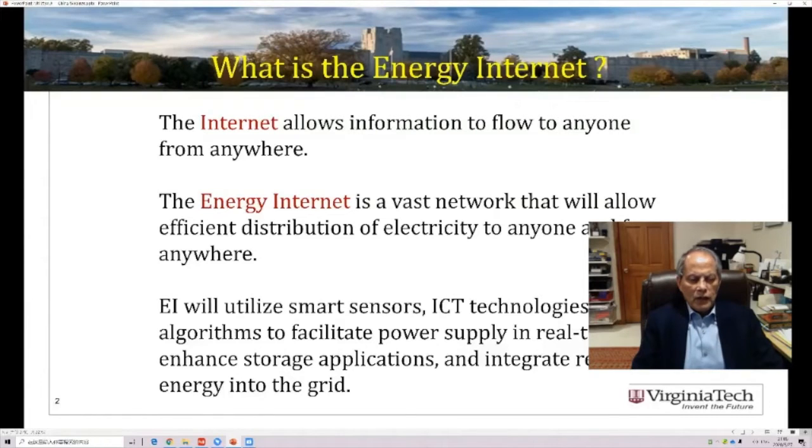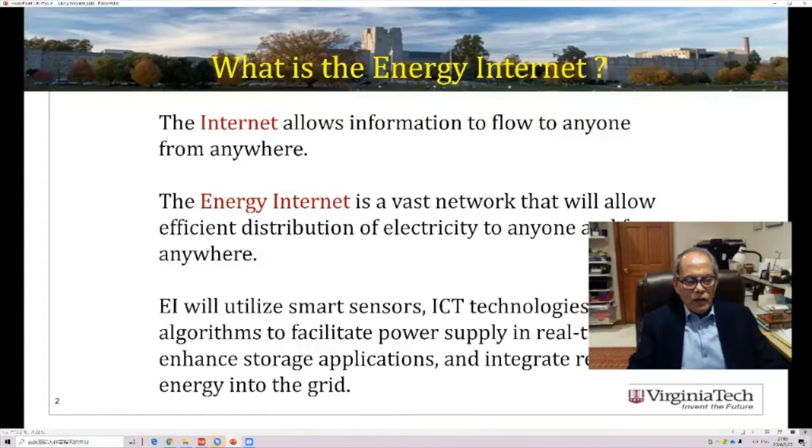That's internet. Like the internet, Energy Internet is a vast network that will allow efficient distribution of electricity to anyone from anywhere. You can buy electricity sitting in Beijing from South Africa, for example. This is the ultimate plan for Energy Internet.